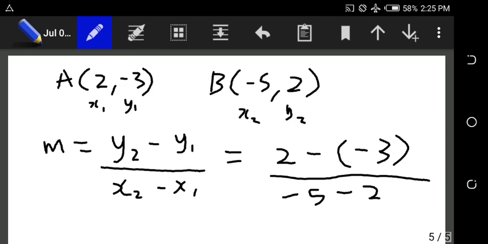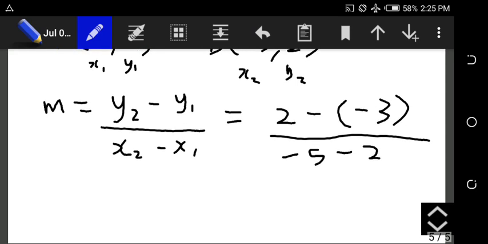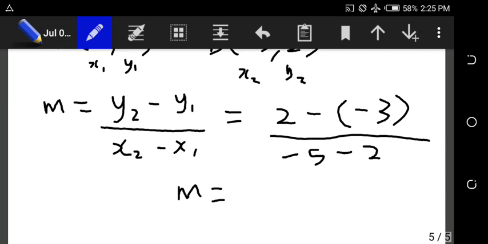Please note that when the value of the coordinate has a negative sign, you must also include that, so you don't throw away the minus 3 here. The minus we have here is for the formula, then the value of our y1 is a negative 3. That is why we have to include it. Now solving, we have that our m, which is the slope or the gradient, is equal to 2.